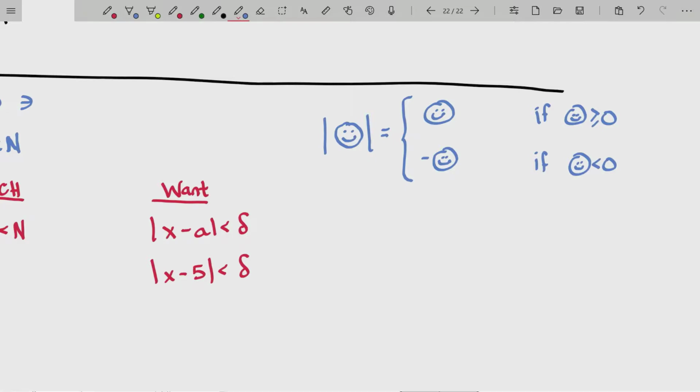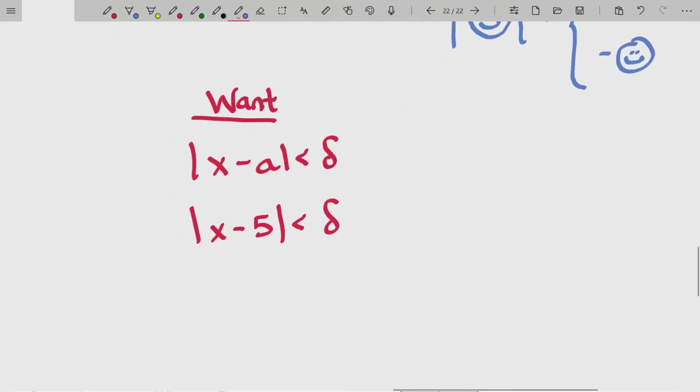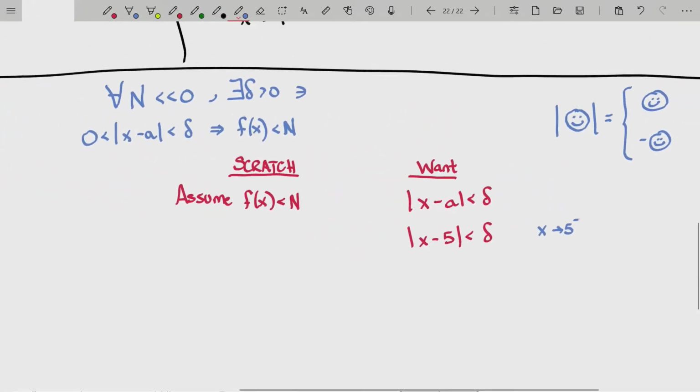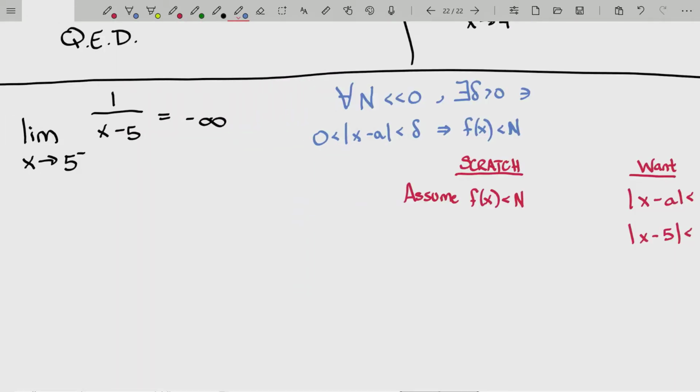And here's where with one-sided limits you have to be very, very careful. This stands for the previous lecture as well. I didn't really talk about it, but it is true. If you're dealing with a one-sided limit, it is sometimes the case, not always, where you really need to consider: what is x minus 5? Is that positive or is that negative? If you have x approaching 5 from the left, that means x is like 4.9, 4.99.